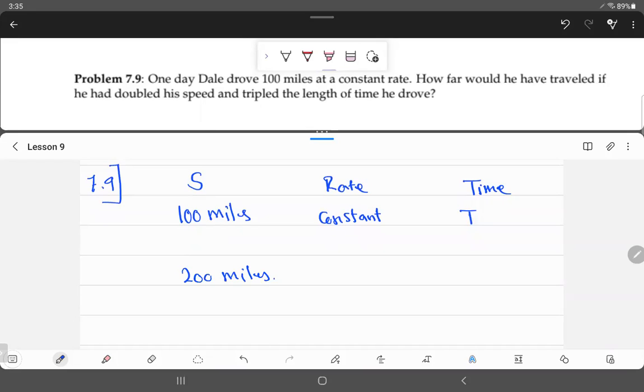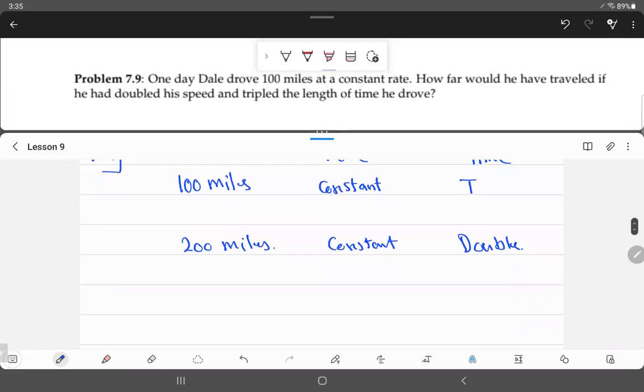The distance is 200 miles, and the rate is constant. What's going to happen to the time? If you want to travel 200 miles instead of 100 with a constant rate, multiply by 2, the time would be double. Perfect.